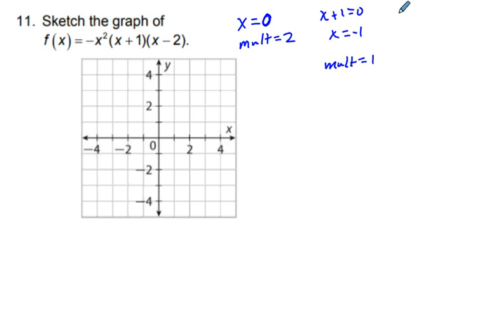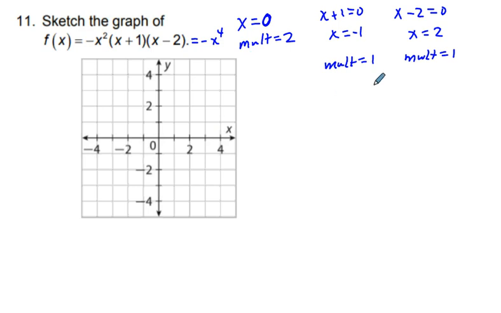And finally, we're going to have x minus 2 equals 0. So we have x equals 2. So we have for this one also our multiplicity is equal to 1. And so when we multiply all these together, all these x's, we're going to have negative x to the fourth power. So it means we're going to start low and end low.